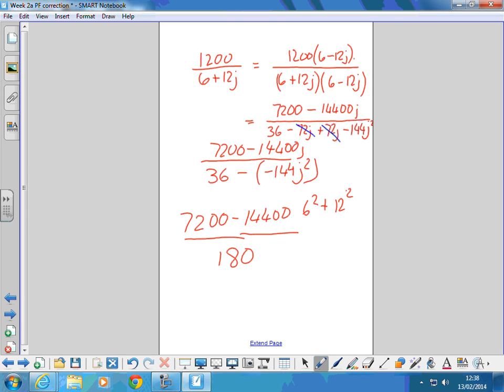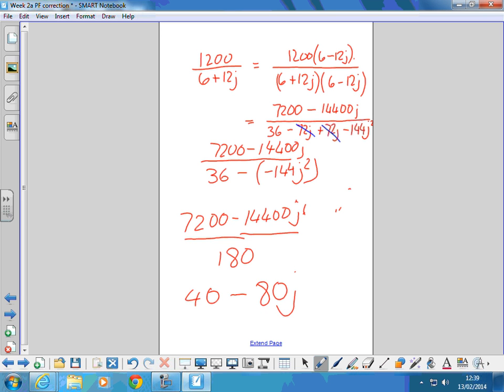Then we do that. 7,200 over 180 is, we've missed the J out there, must have that J in there. You do that division separately. So you do 7200 over 180 is 40, and 14400 over 180 is 80, is it?